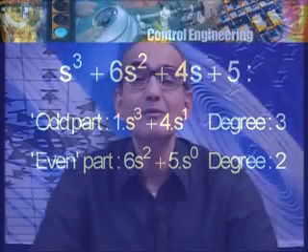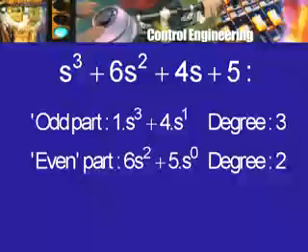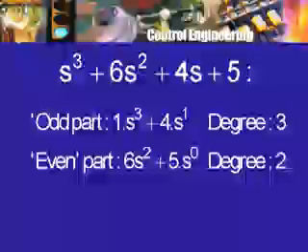And of course, you should be able to answer why 0 is treated as an even number and not as an odd number. Now if you take these two terms together, then this is said to be the even part of the polynomial.